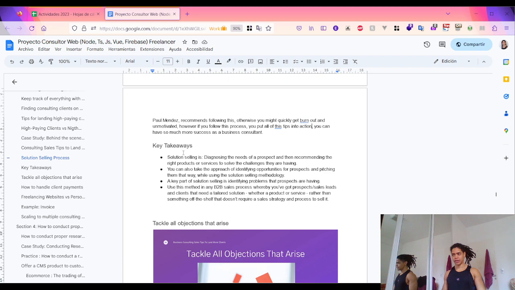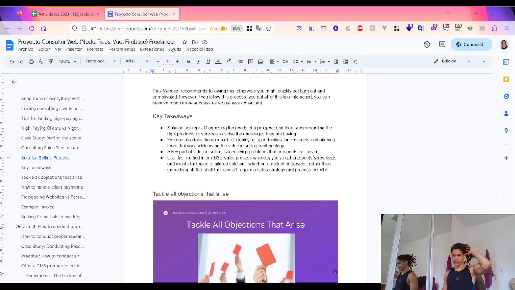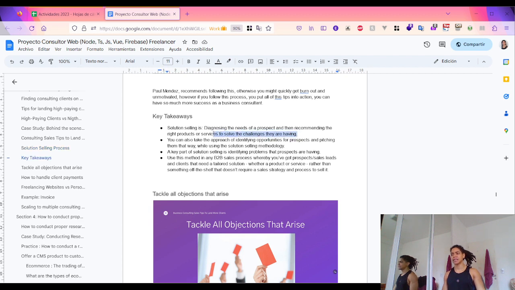So the key takeaway is that solution selling is diagnosing the need of a prospect and then recommending the right product or service to solve the challenge they are having, which is exactly what they're doing. For example, a lot of people out there are providing some sort of philosophical guidance or self-help, most of the time self-help.